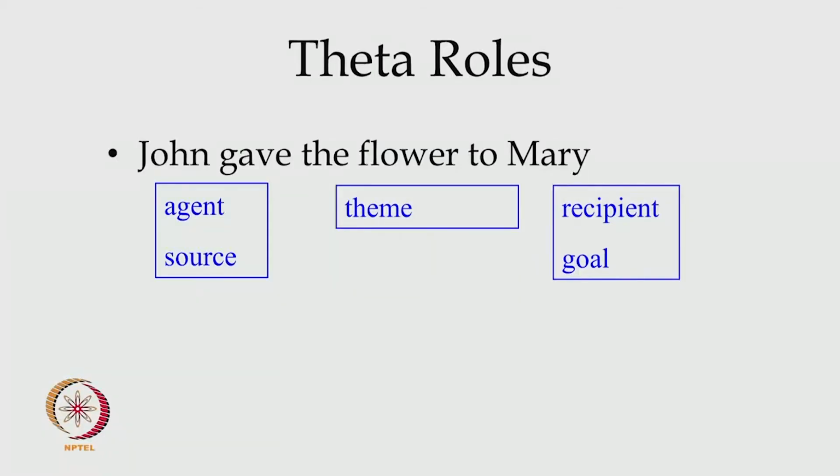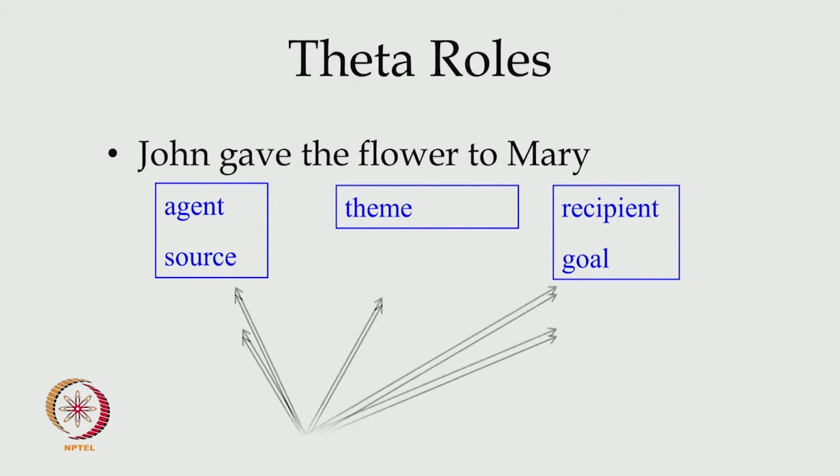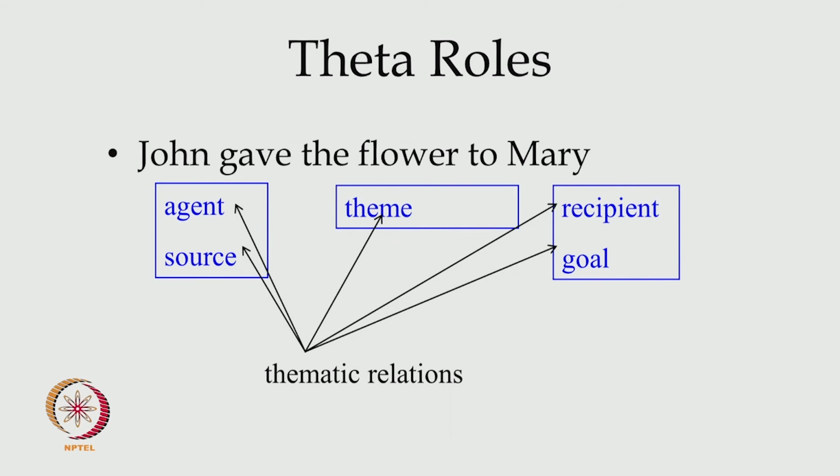So this is the grid that I want you to see carefully. Just 2 grids in the next 2 minutes. So in this kind of a sentence, these are the thematic relations. Okay?